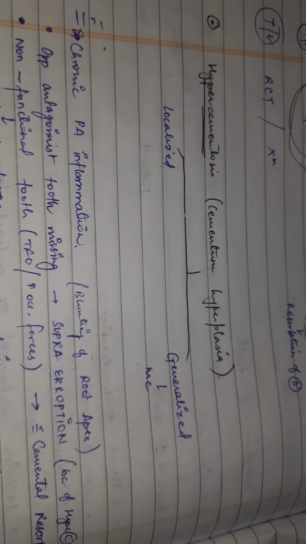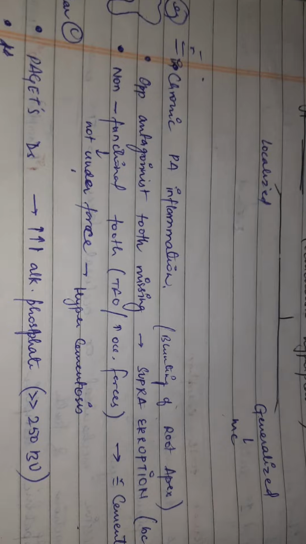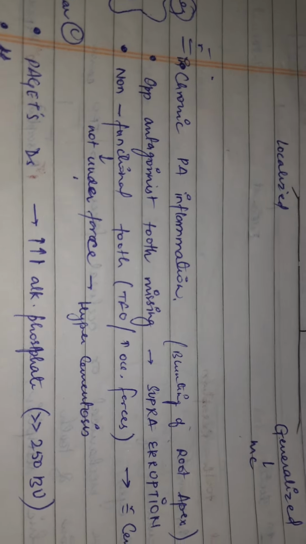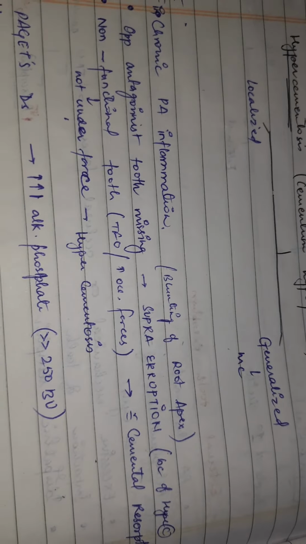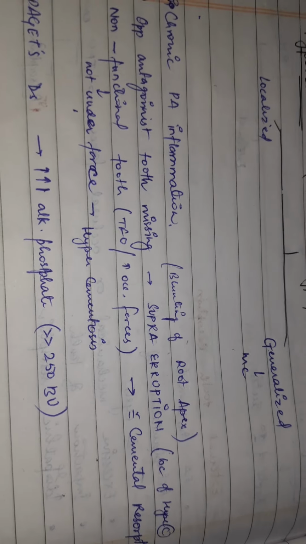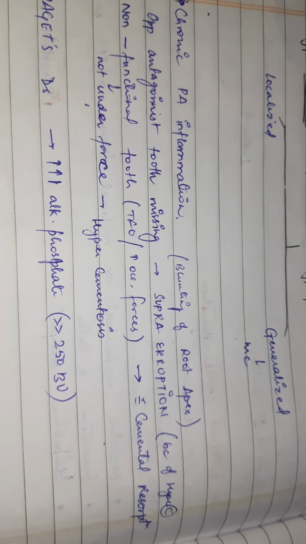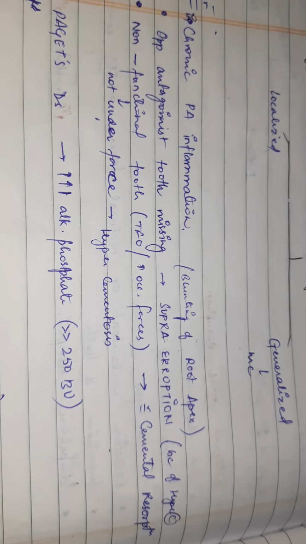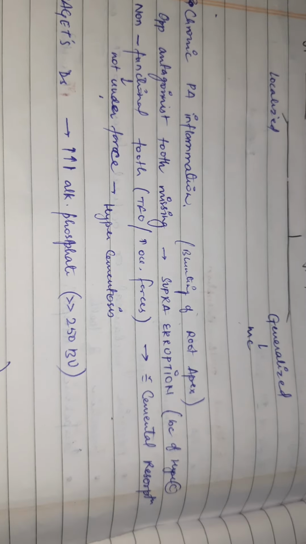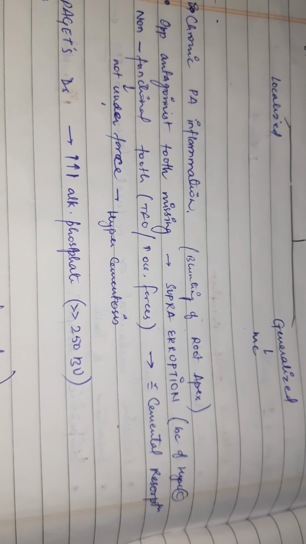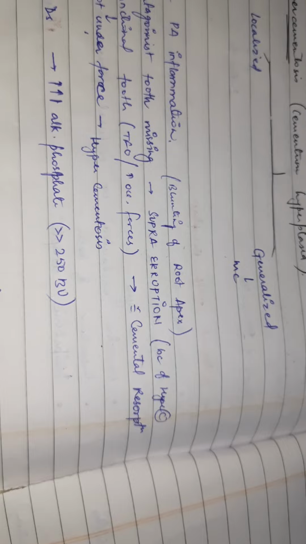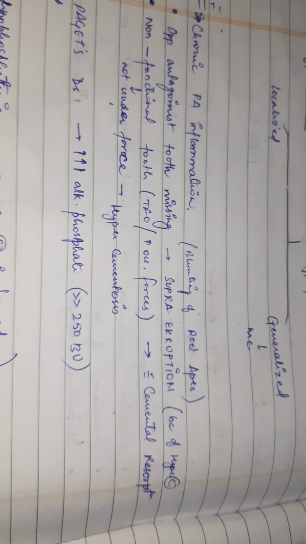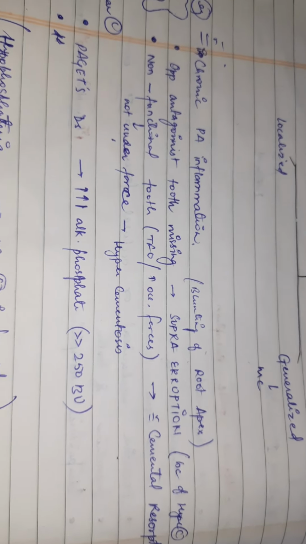Now hypercementosis or cemental hyperplasia, localized or generalized. Localized is most common, seen in chronic periapical inflammation, with blunting of the root apex. It is also seen when the opposite or antagonist tooth is missing, causing supraeruption, and in a non-functional tooth.